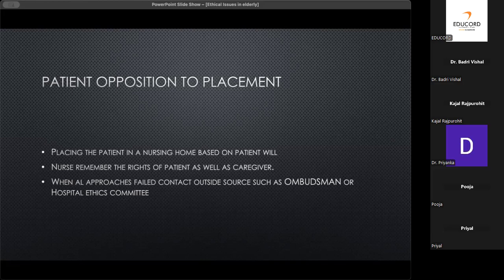What are the optional actions which can be done if the patient is not ready to consider this treatment protocol? What are the optional actions that can be done for the management of the patient, and what are the obligatory actions if the patient is still not giving consent, or you are not able to manage the patient? What are the obligatory actions which can be done for the management of the patient? These should be the questions which come to your mind while taking care of any kind of patient.